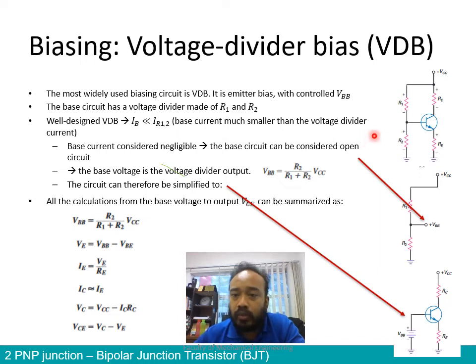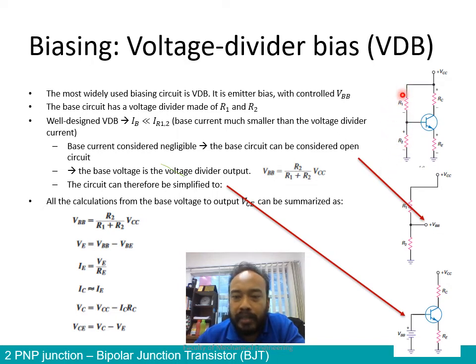There is a condition to design your VDB well. Usually the base current should be much smaller than the voltage divider current. So the current that goes into the base junction of your BJT needs to be much smaller in comparison to the current that goes through your resistors.